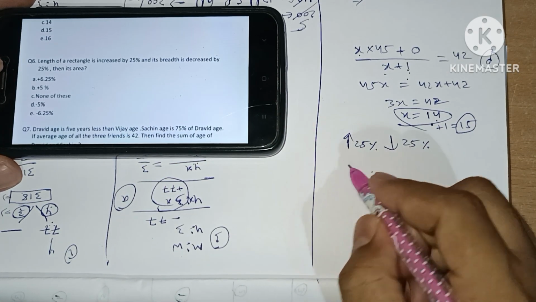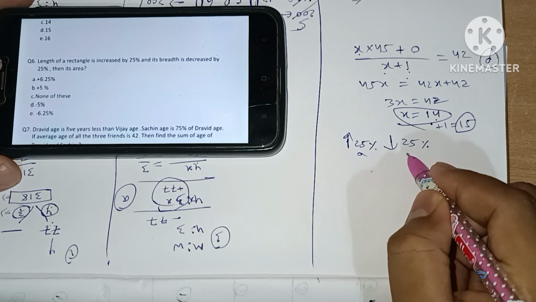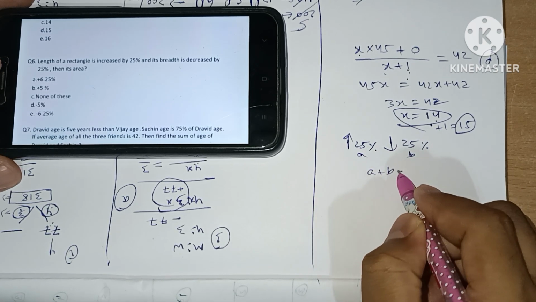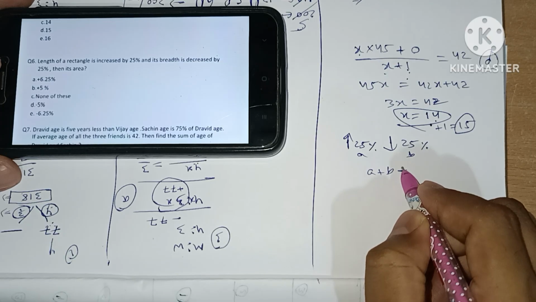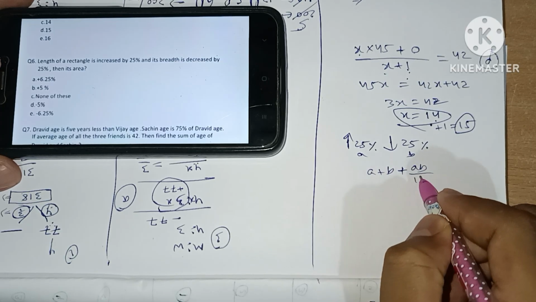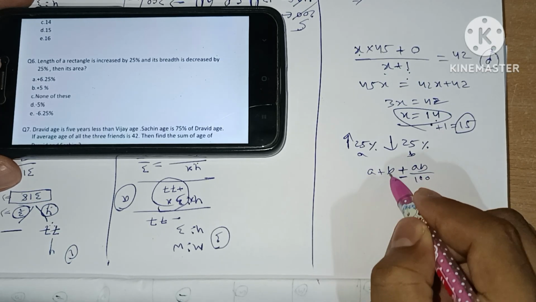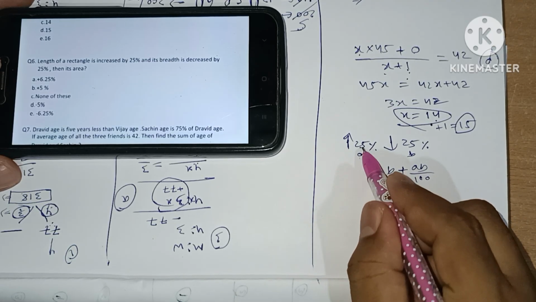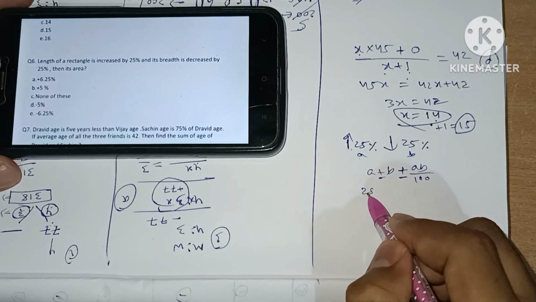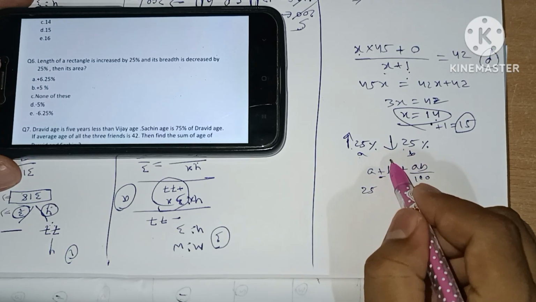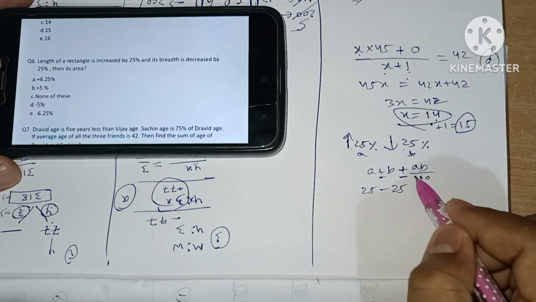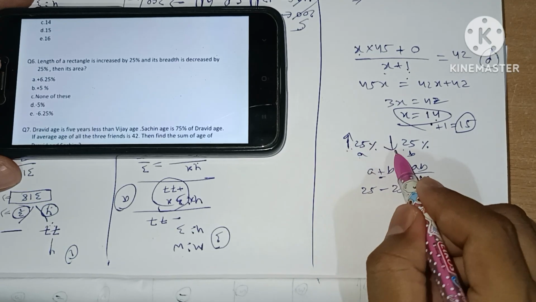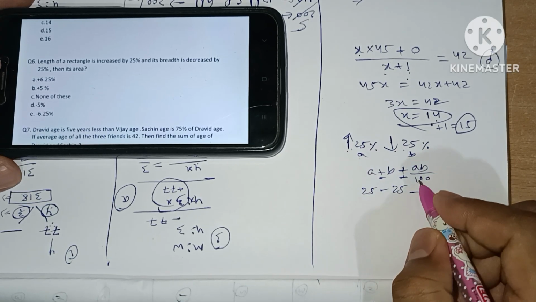What we do here is let's take these as A and B. The formula for this will be A plus B plus AB by 100. Actual formula is this one, plus or minus. A is increasing, so it is positive. B is decreasing, so it is negative.